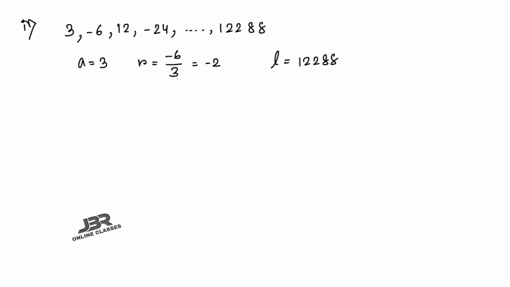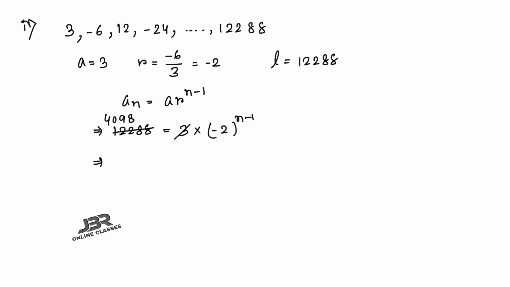Okay, so an equals a times r to the power n minus 1. As an is the last one, 12288 equals 3 times (minus 2) to the power n minus 1. The 3 cancels out and it becomes 4098.